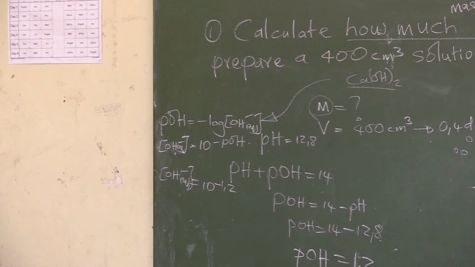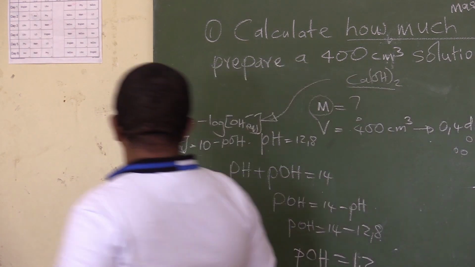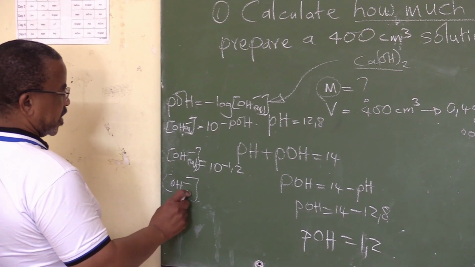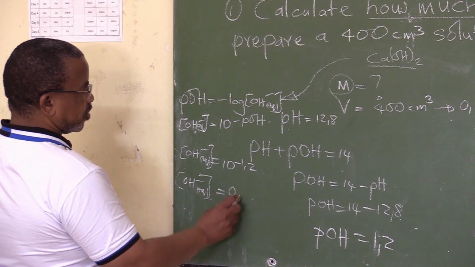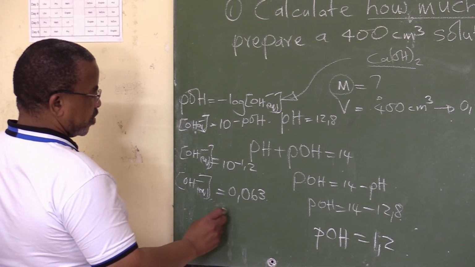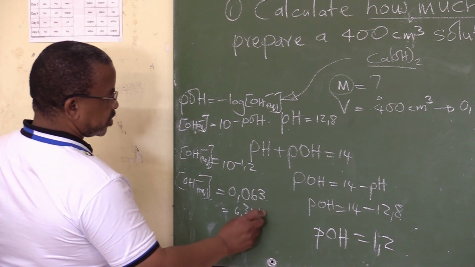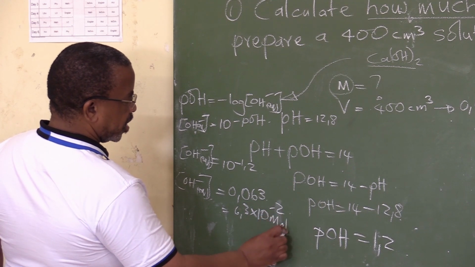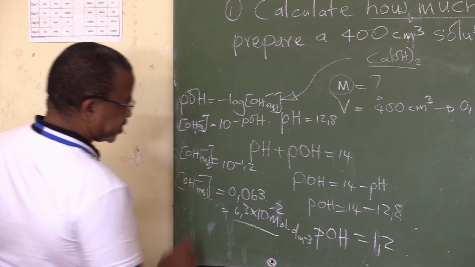Using the calculator, shift log minus 1.2, I get 0.063. So the concentration of OH minus aqueous is 0.063, or 6.3 times 10 to the power minus 2 mole per decimeter cubed.